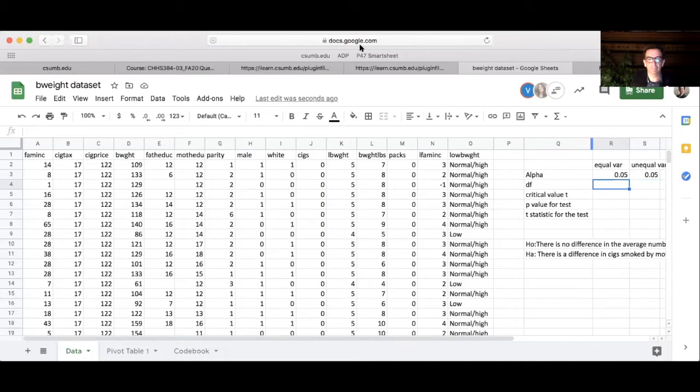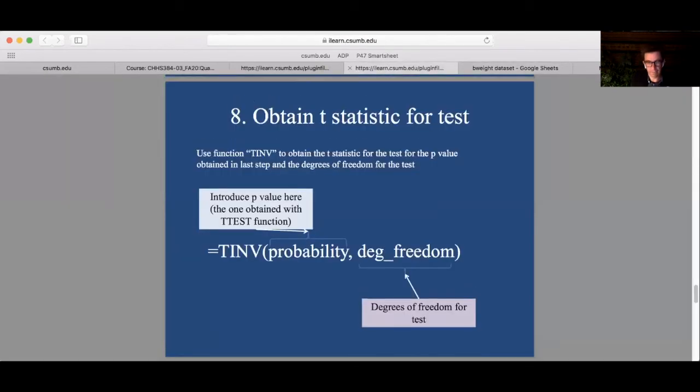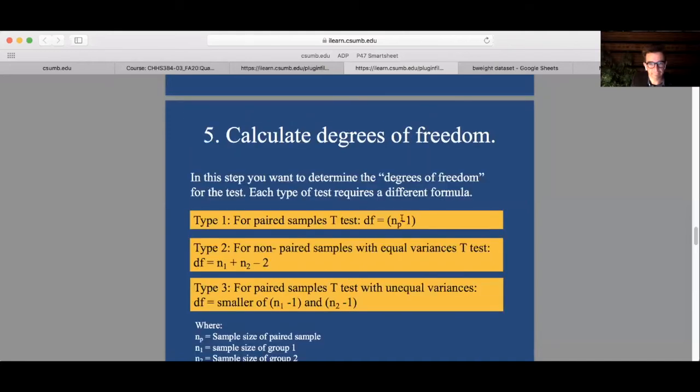Now, what is the formula for the degrees of freedom depending on the test? Here, when it's non-paired, right? They're not matched, they're not paired. For equal variances, it's n, the n for one group plus the n for the other group minus 2, right?